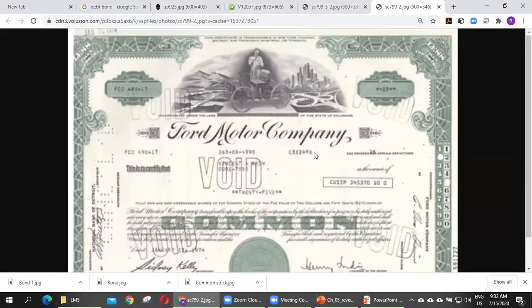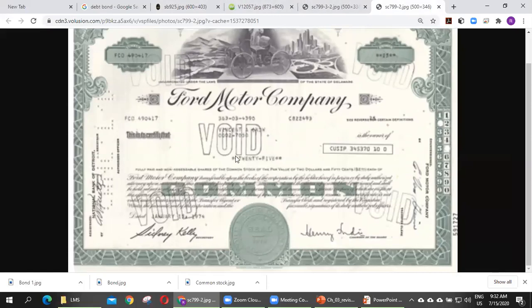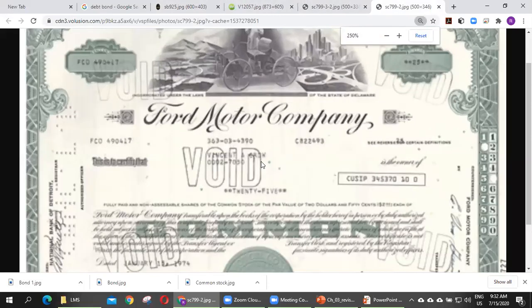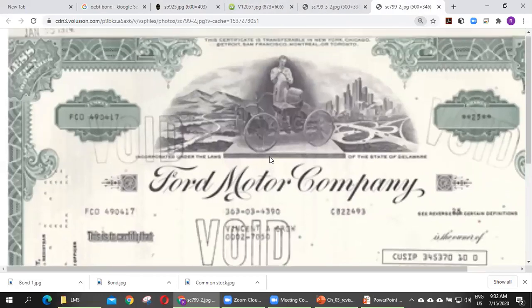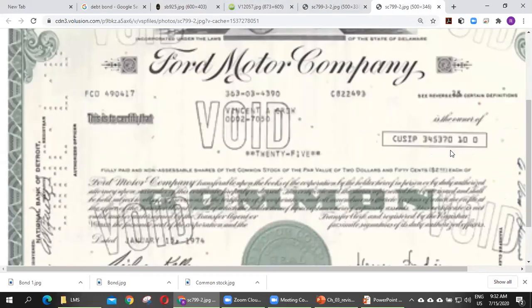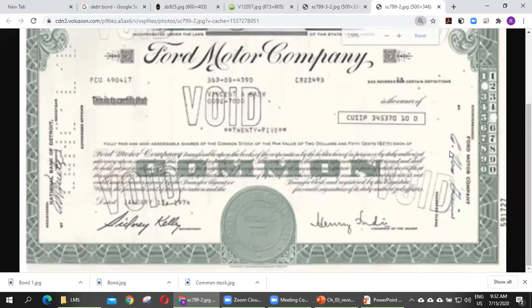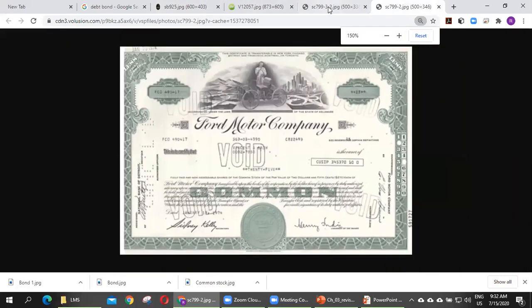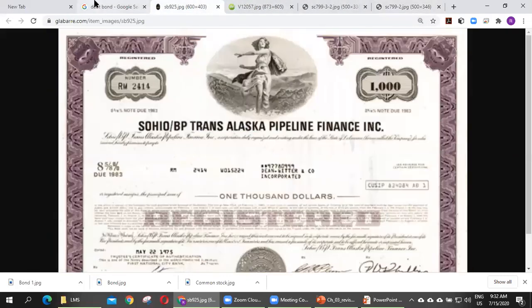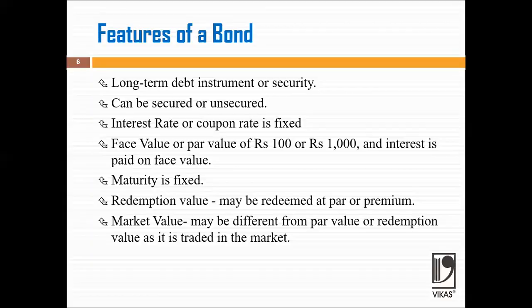Wait, cancelled. This is common stock. Good. Sajid Dilshan, yeah, correct answer. 17 years. Good.